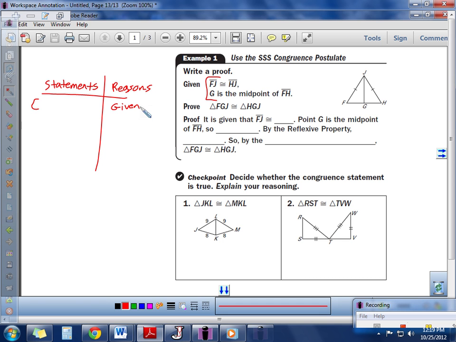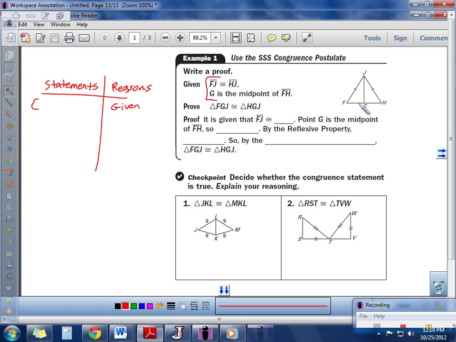So first off, is the given information marked on the picture? Did it mark FJ and HJ? Yes, it's marked. All right, let's look at the second given. On the second given, did they mark anything for this? Do they have any marks dealing with midpoints or talking about labeling on those pieces? No, they don't. So, since G is the midpoint of FH, let's think about that.